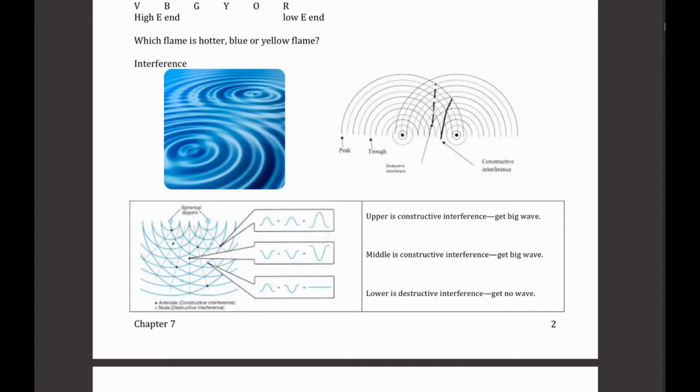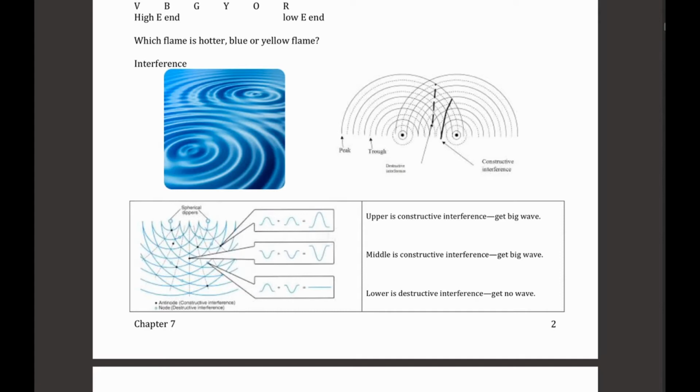So in our diagram here, the one on the bottom of the page, on the left side, when two crests add, we get a big crest. When two troughs add, we get a big trough. Those are both constructive interference. Where a crest and a trough meet, we get destructive interference.